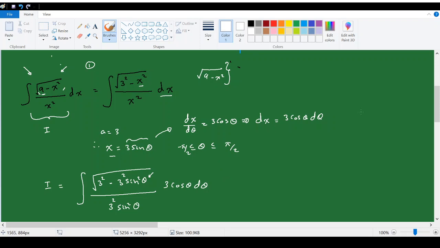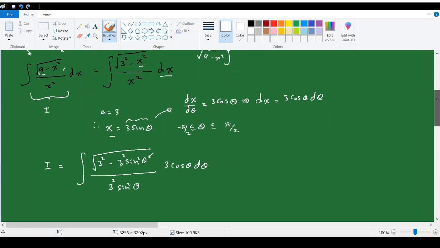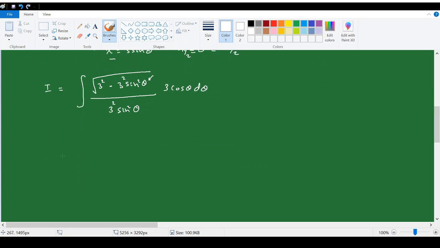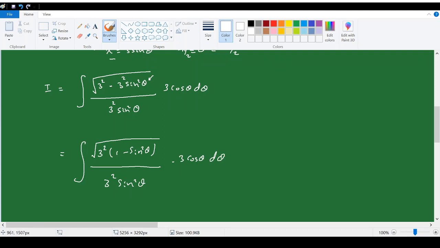Once we write everything in terms of theta, the simplification will be very easy. Here you will get 3 squared times 1 minus sine squared theta. This is the nature of these types of calculations: 3 squared sine squared theta and 3 cos theta d theta.